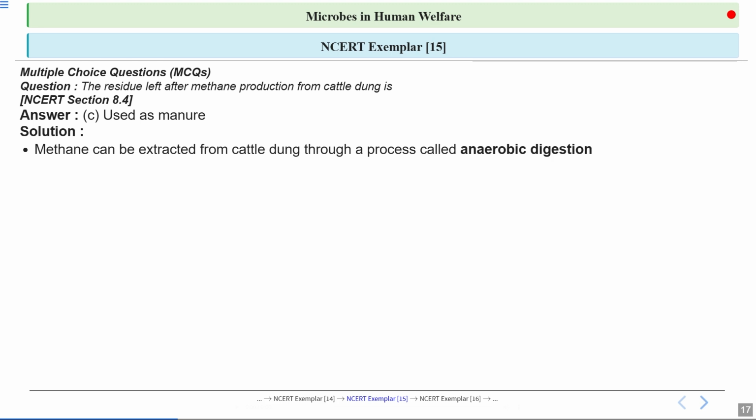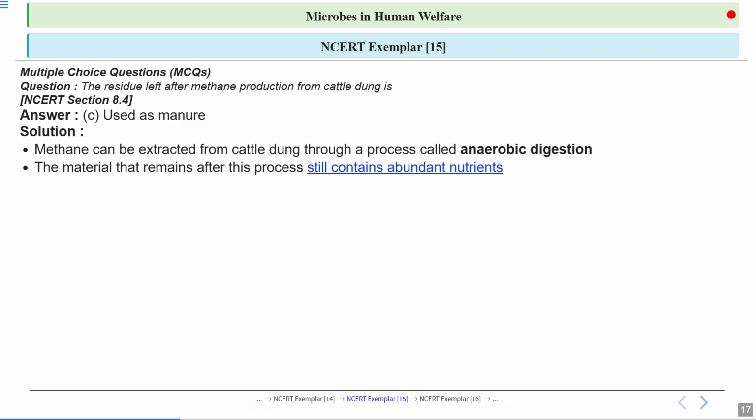Methane can be extracted from cattle dung through a process called anaerobic digestion. Methane is a major component of biogas. This methane is produced with the help of methanogens, which are anaerobic bacteria. When these anaerobic bacteria feed on the organic matter, they produce methane.